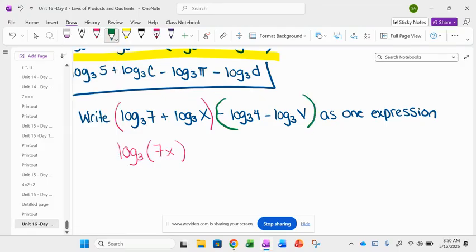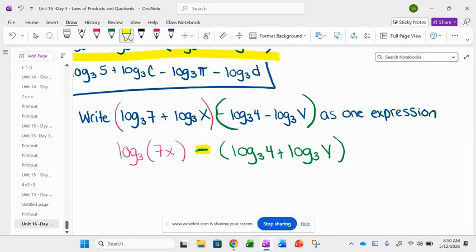So I'm going to group these together, and I'm going to pull out a negative. And when I pull out that negative, I'm going to have log base 3 of 4 plus log base 3 of v. Is everybody okay with this so far?